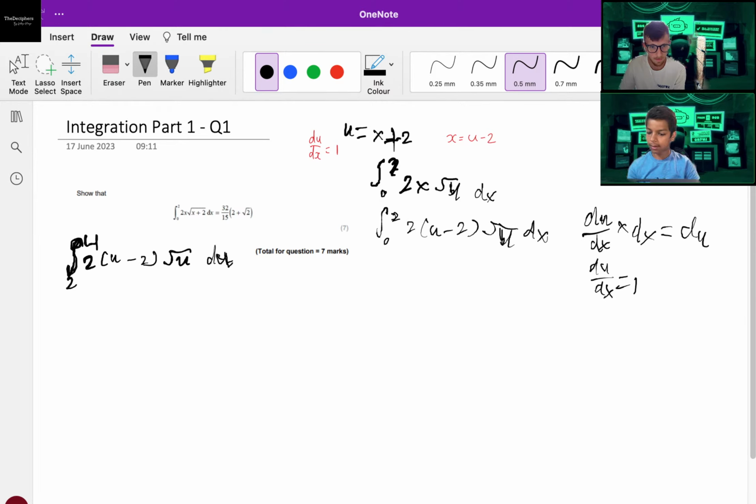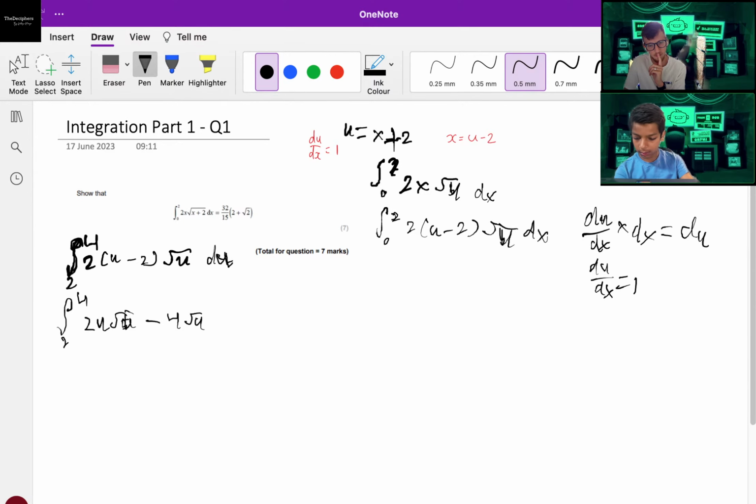So then I think we can expand that out. Now that it's just root of a single term, we can expand. So that would be 2u root u minus 4 root u du.